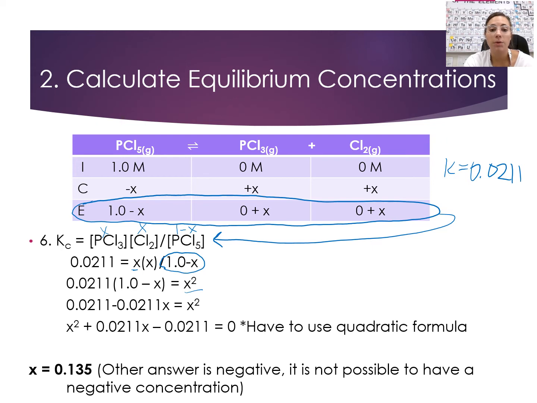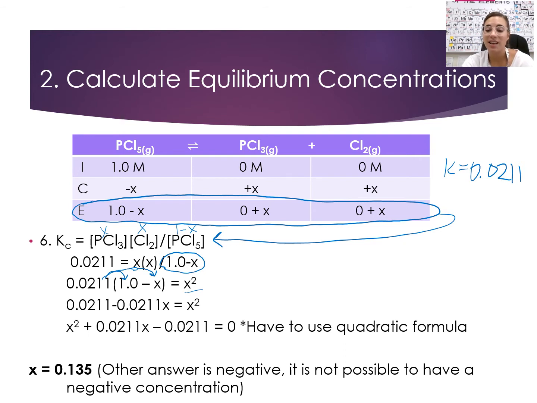You have to remember to distribute, so 0.0211 times 1 is 0.0211 minus 0.0211 times x equals x squared. Now, I like positive numbers, so I'm always going to put my x expressions where my x squared is positive. You can absolutely do it the other way, it doesn't matter.